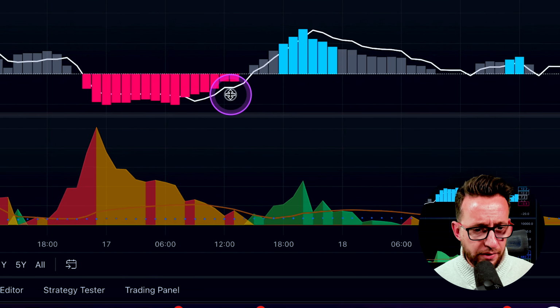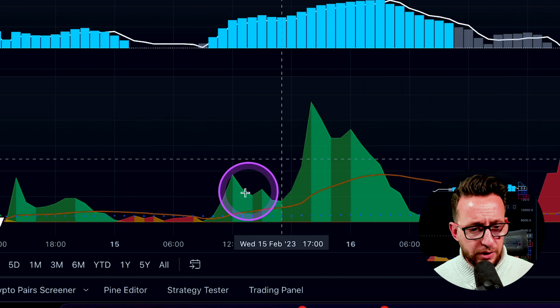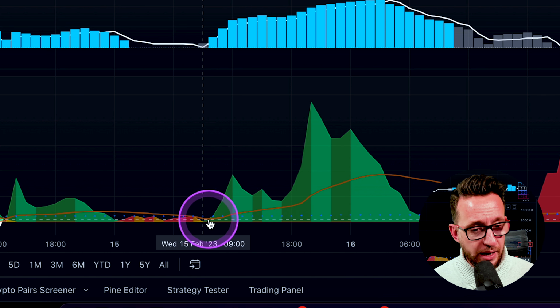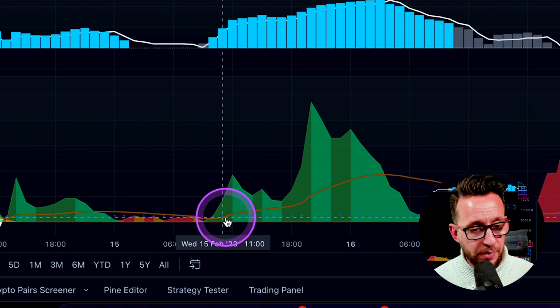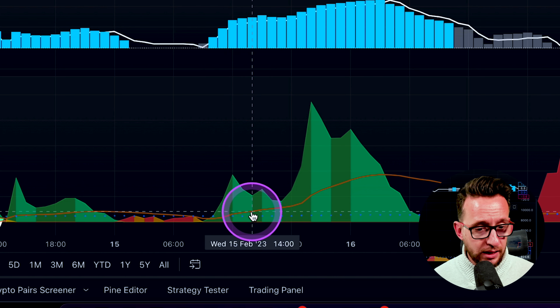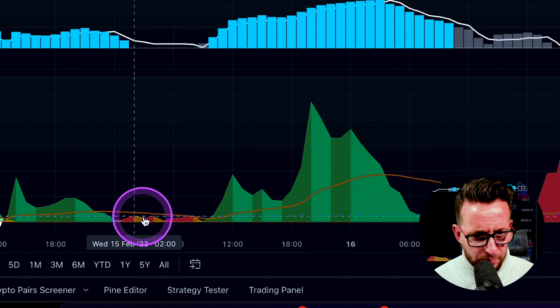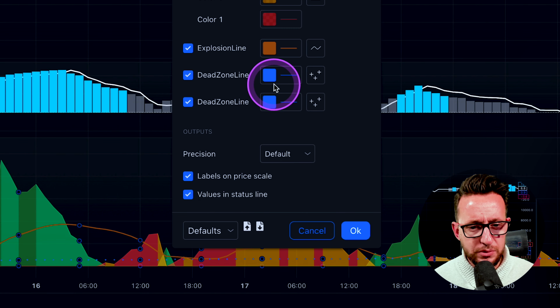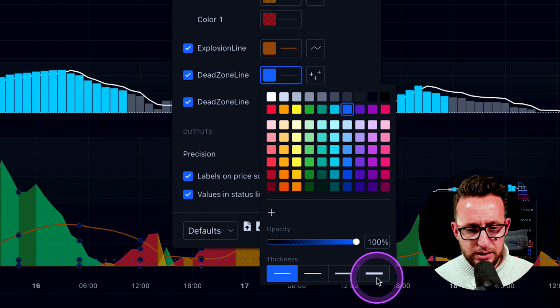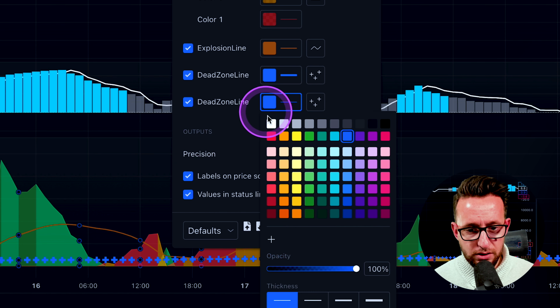On this one here, we're going to zoom in a tiny bit over to the Waddah Attar. We're looking for price to be above, whether it's a long or a short. We're looking for it to be above this orange line here, which is the SMA, and also these blue dots, which you can hardly see. Let me double click on that and make them a little bit thicker as well, because that is our dead zone line. As you can see, it's lots of crosses.